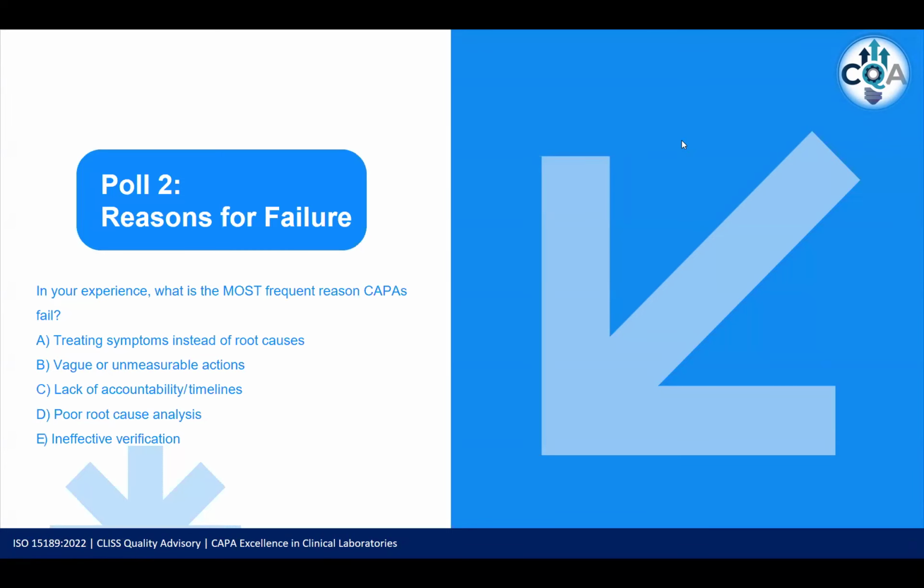Okay, so in your experience, what is the most common, the most frequent reason CAPAs are failing in clinical labs? The options we have is treating symptoms instead of root causes, vague or unmeasurable actions, lack of accountability or timelines, poor root cause analysis, or ineffective verification.